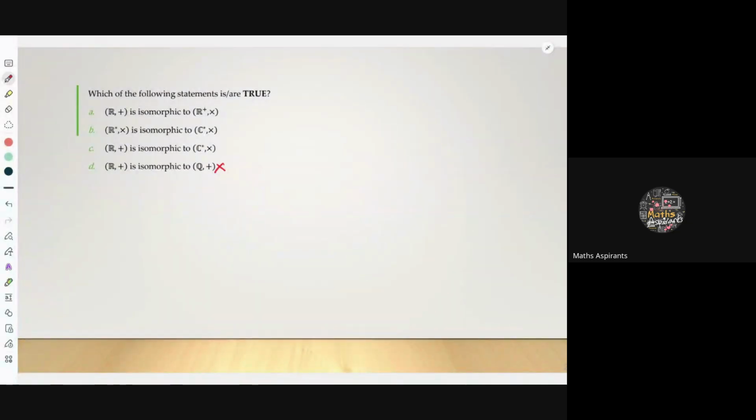Right? So now let's look at some properties. Now let's look firstly at R star and C star. Suppose f from R star to C star is an isomorphism.